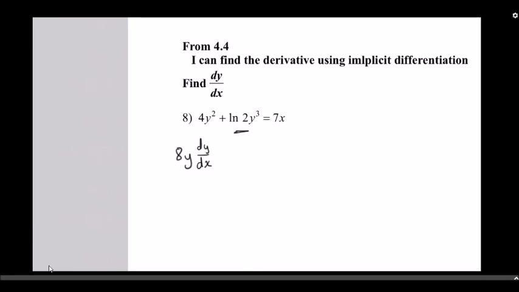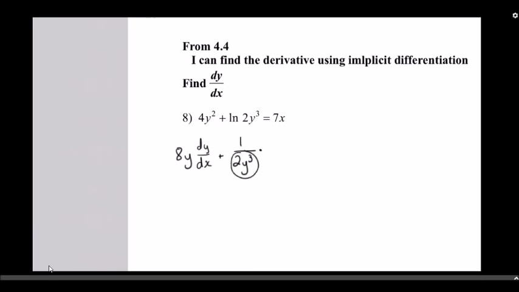Now we move on to this term here. Natural log, the derivative of the natural log of u. So remember, the derivative of the natural log of u is equal to 1 over u times u prime. So if we take this derivative, we're going to have 1 over u times the derivative of u.